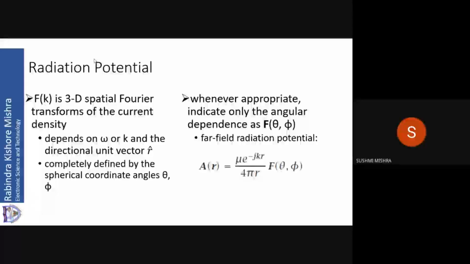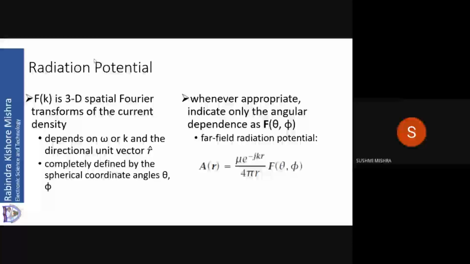From now on, we will deal with radiation potential. Wherever we say vector potential, it implies that we mean radiation potential. So AR is equal to mu e to the power minus jkr upon 4 pi r into the radiation vector f theta phi.